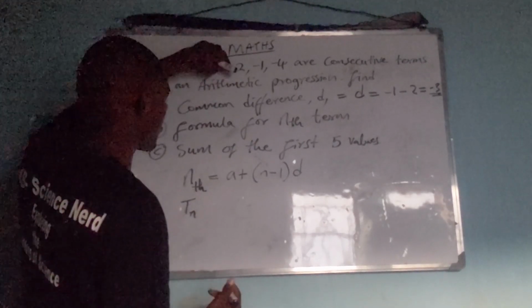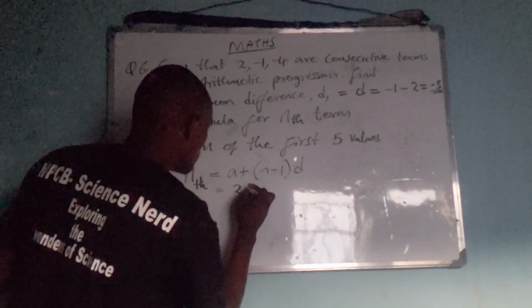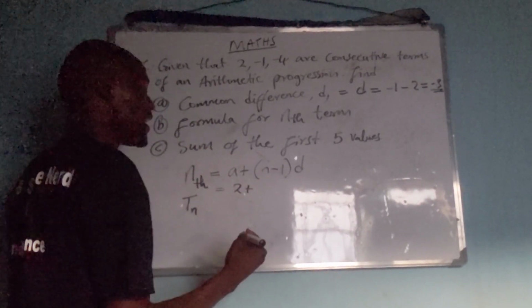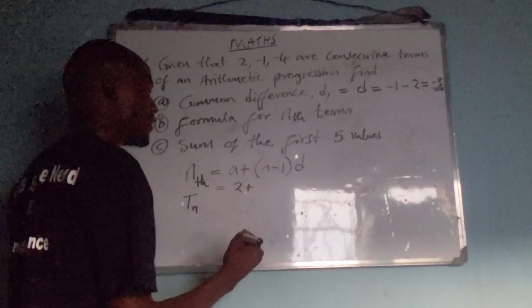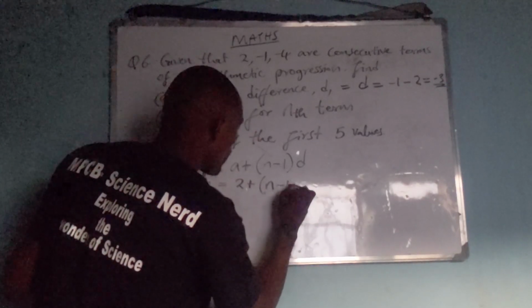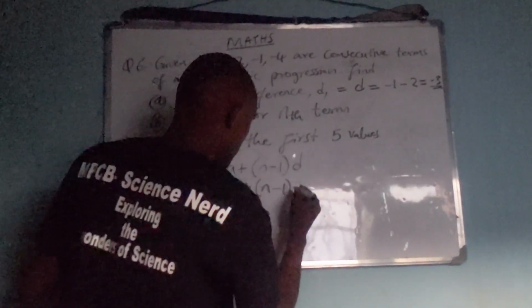The first term is 2. Therefore, we are going to say 2 plus, what is the n? We don't know n. So we'll say n minus 1, the common difference, which is -3.